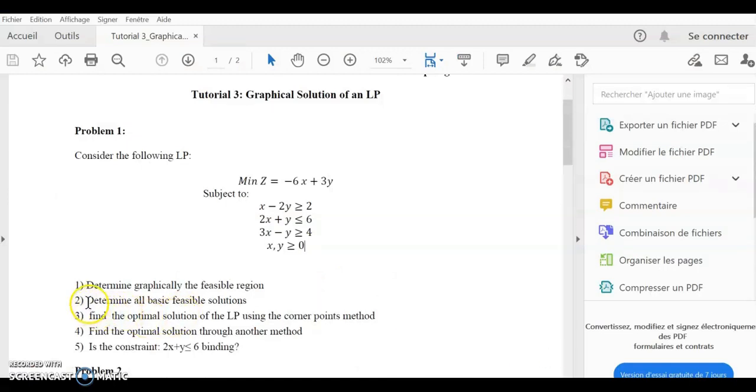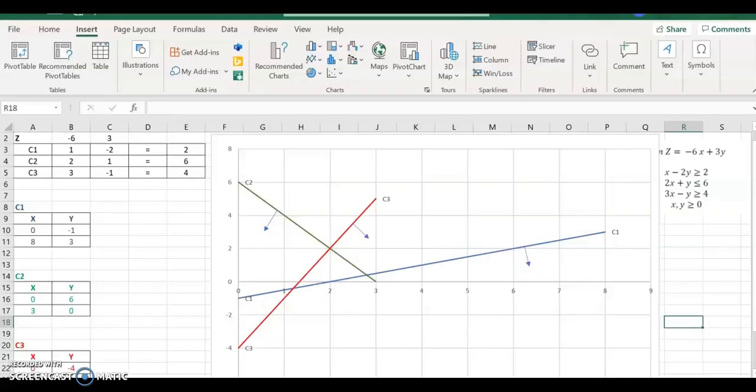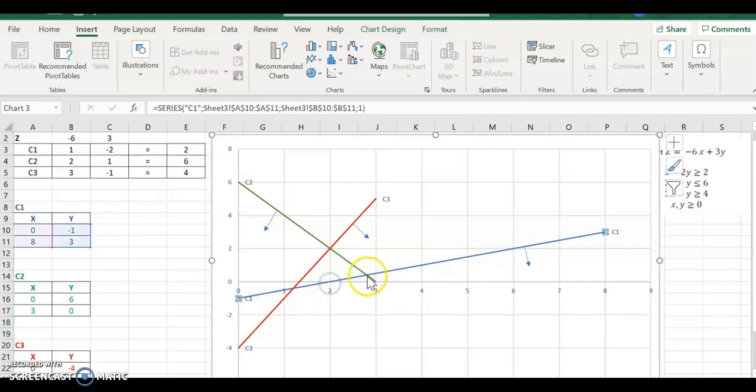Next question is to determine all basic feasible solutions. So what are the basic feasible solutions? They are the coordinates of the corner points of the feasible region. So there are this point, the coordinates of this point, and this point. We can very easily determine the coordinates of this point and this point.